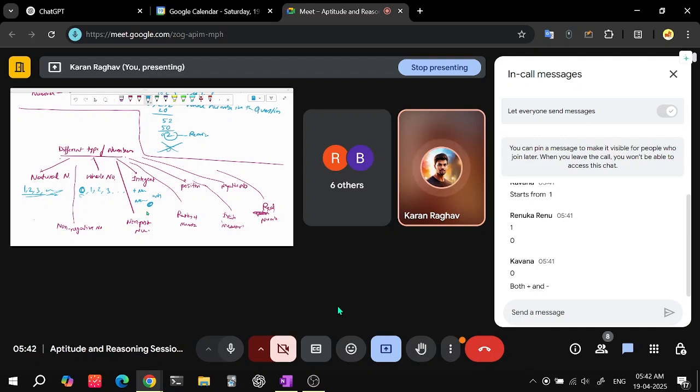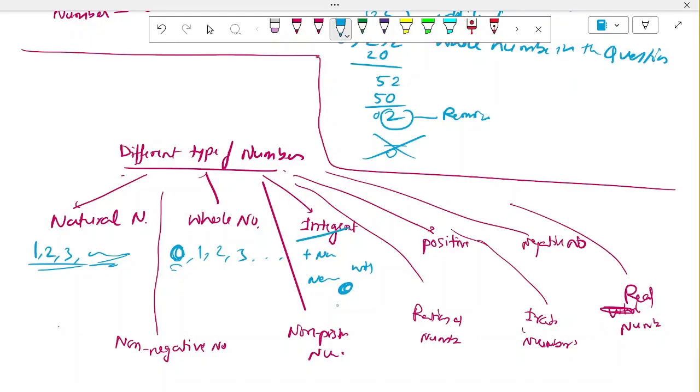Integers are more or whole numbers are more? Yes, integers. Integers are more than whole numbers because integers also contain negative numbers, but whole numbers do not contain negative numbers. Now coming to positive numbers: they start from 1, 2, 3, 4, and so on. Then negative numbers are -1, -2, -3, -4.